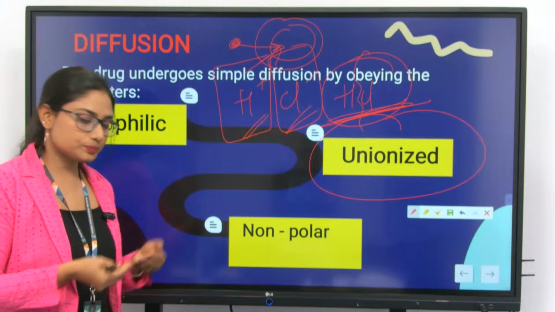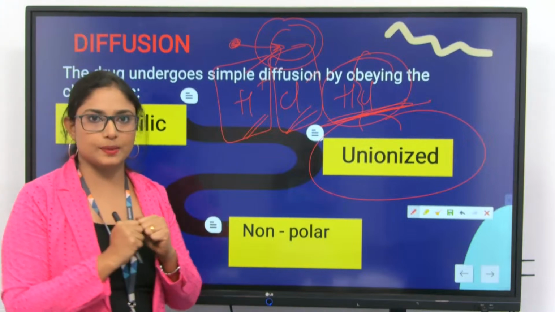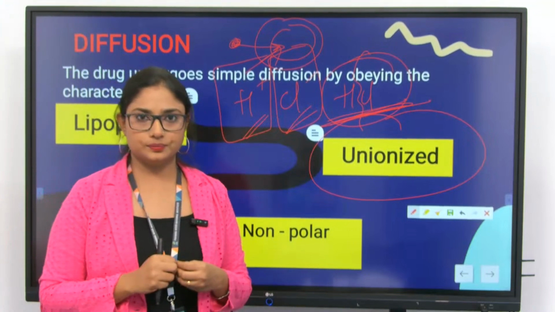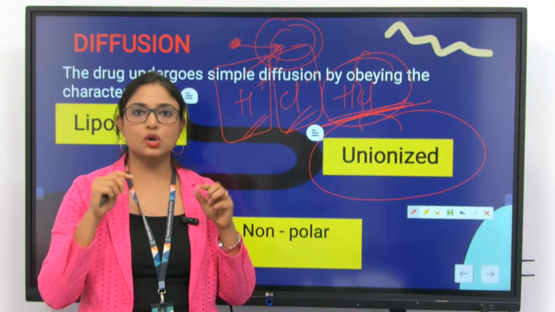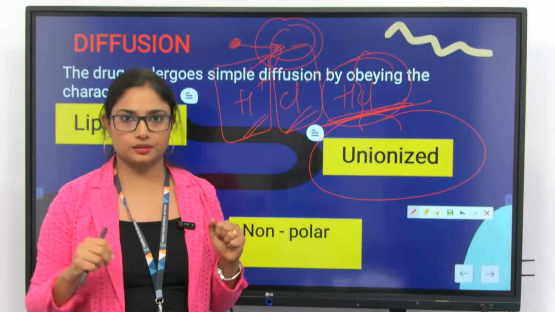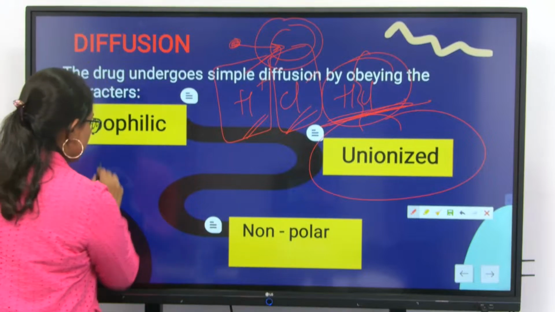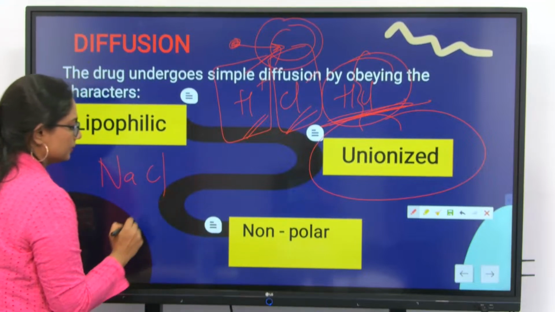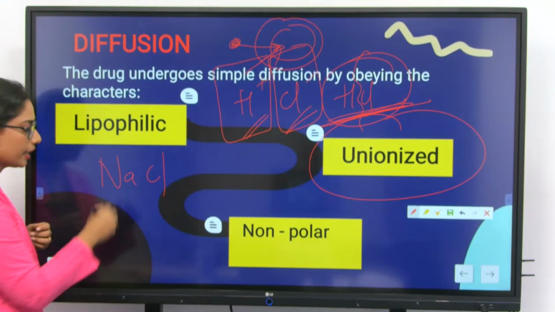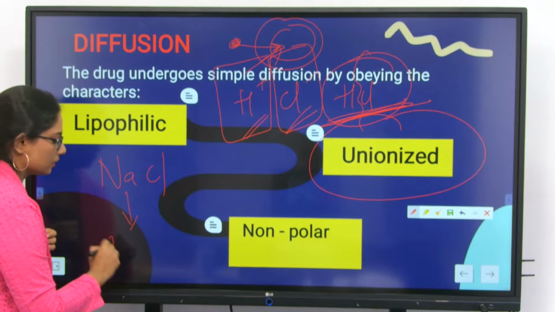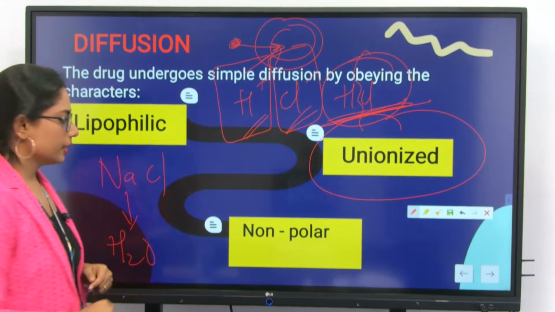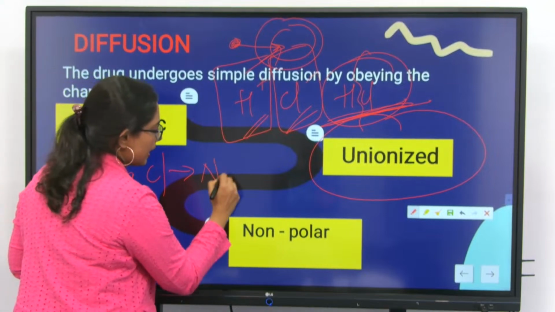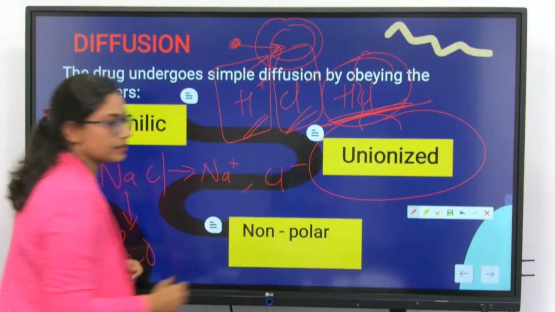Polarity means, see, I'll take a simple example. When I dissolve NaCl, salt, in water, I say the salt is getting dissolved in water. How? To get dissolved in the water, NaCl should form bonds with water molecules. How can it form bonds? It should split into Na plus and Cl minus ions.